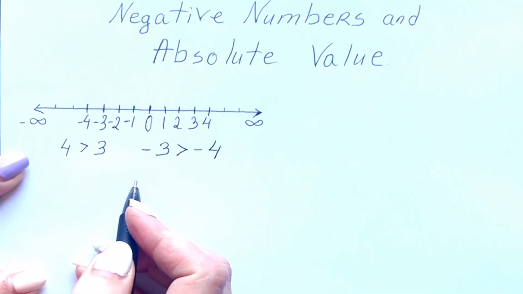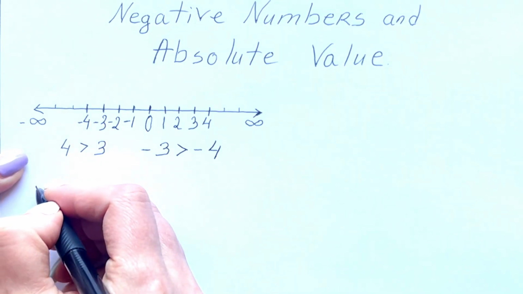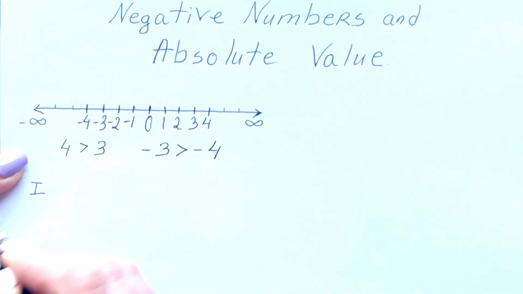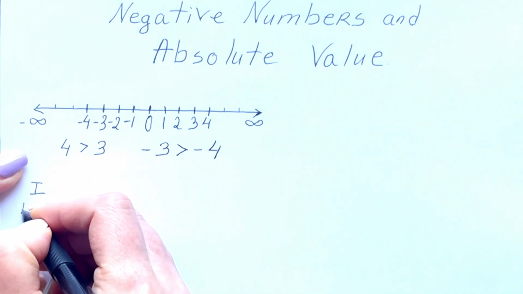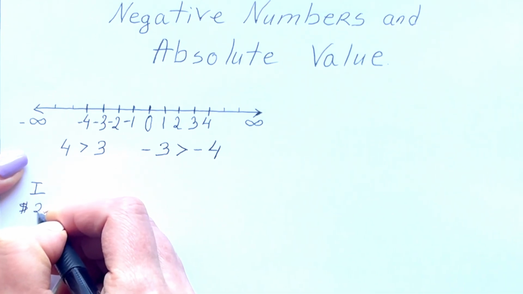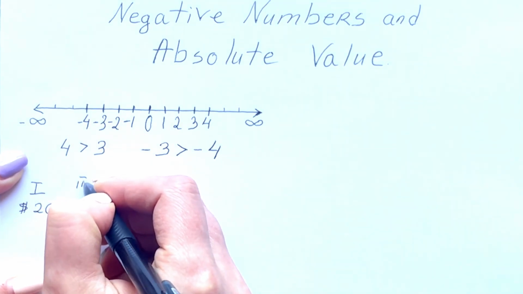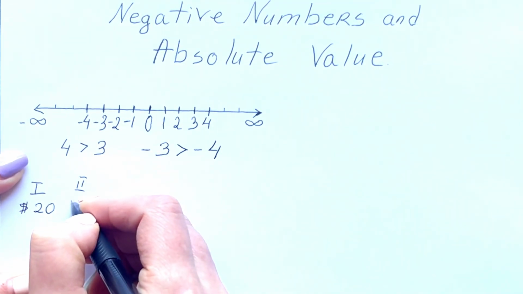Okay, there are 4 friends. The first friend has $20. Okay, I'm going to put 20. Okay, the second friend has $0.